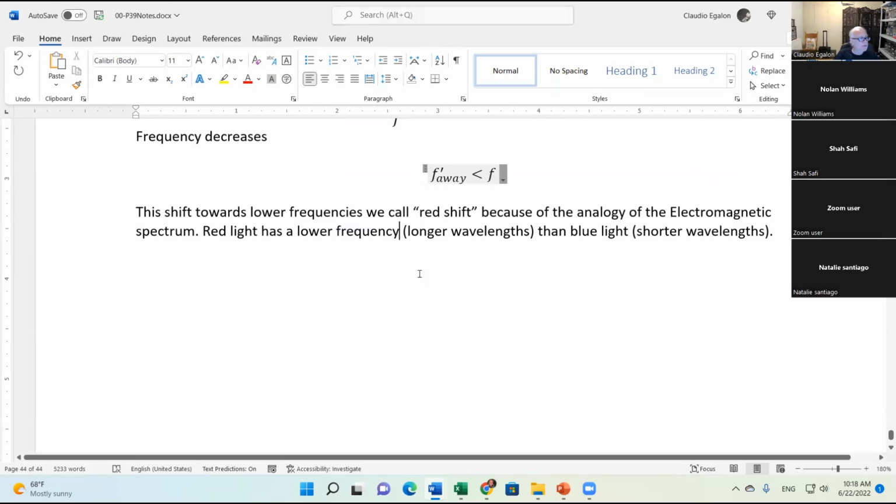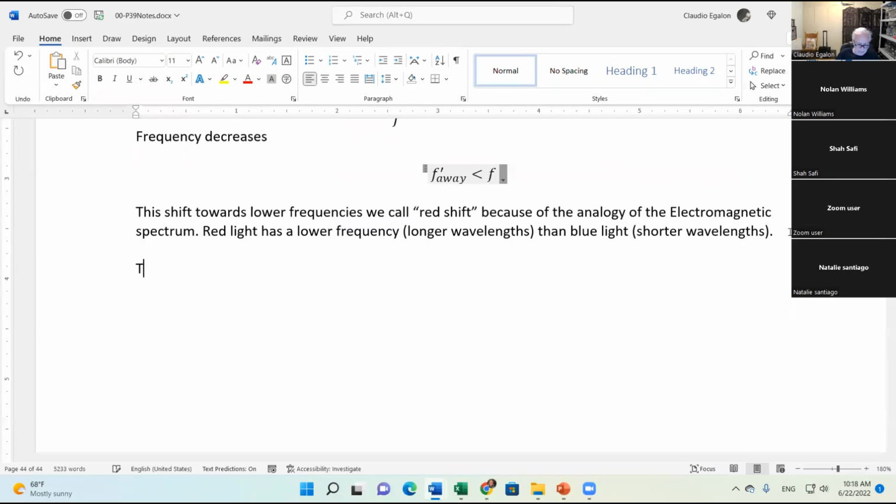That's the case of the source at rest and a moving observer. So that's the case also of the ambulance coming towards you.